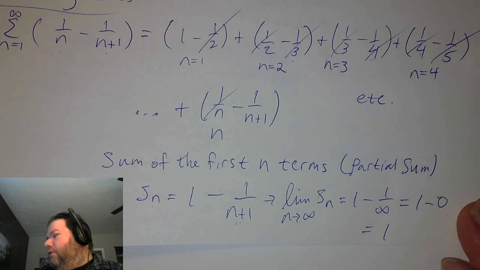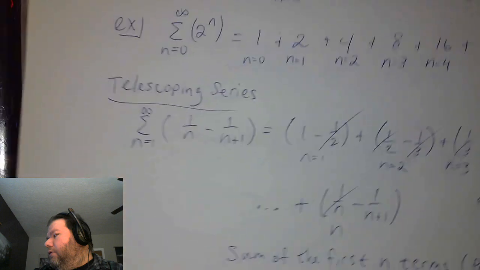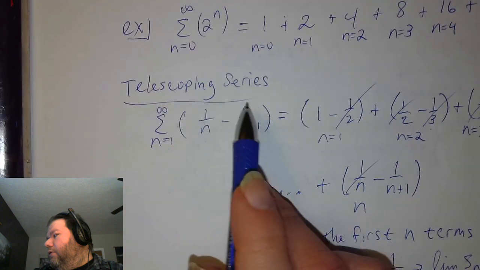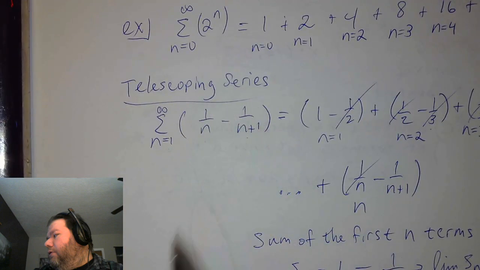And some of them we just may not be able to find at all. The pattern is so complicated. And that's really what impacts it, this expression, this a sub n inside the summation. Depending on this level of complexity, we may or may not be able to do anything with it.